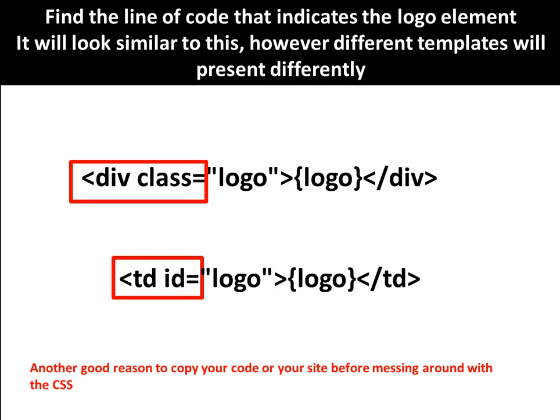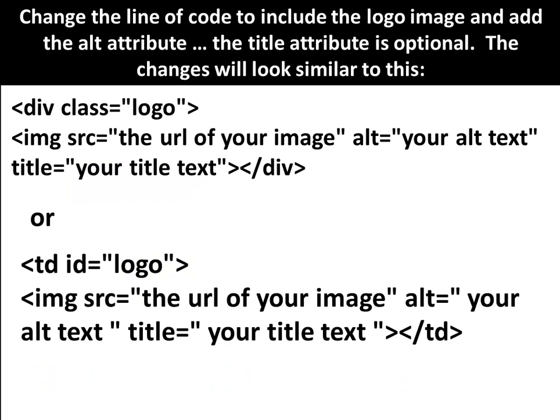You want to find that statement because that's where you're going to put your new information. And right now is a good time for me to repeat my caution, because this is where you will be glad that you copied your code or backed up your code before messing around with the CSS.